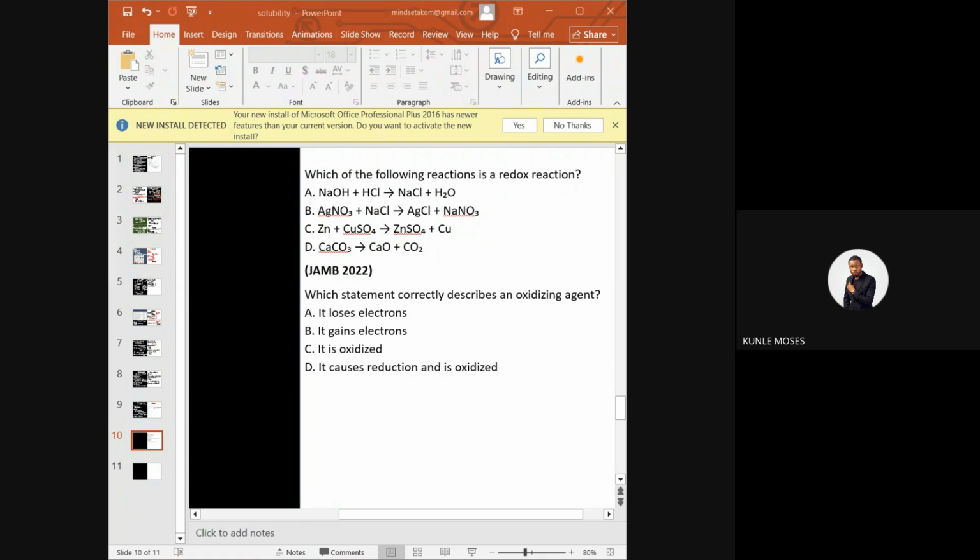Send JAMB questions. You can screenshot as many JAMB questions as you can on redox reactions. I'm still trying to look for questions, and we have less than 10 minutes to go. Let me look for more advanced questions.